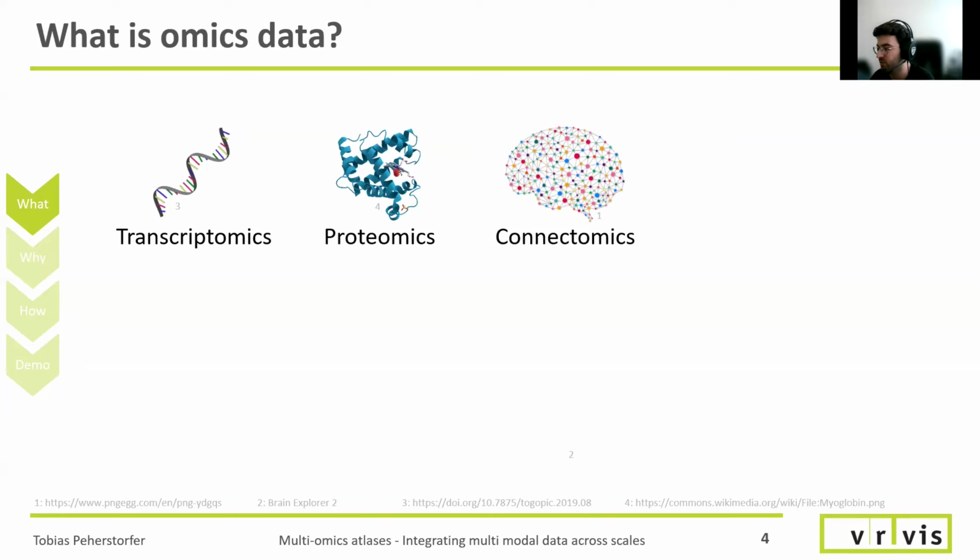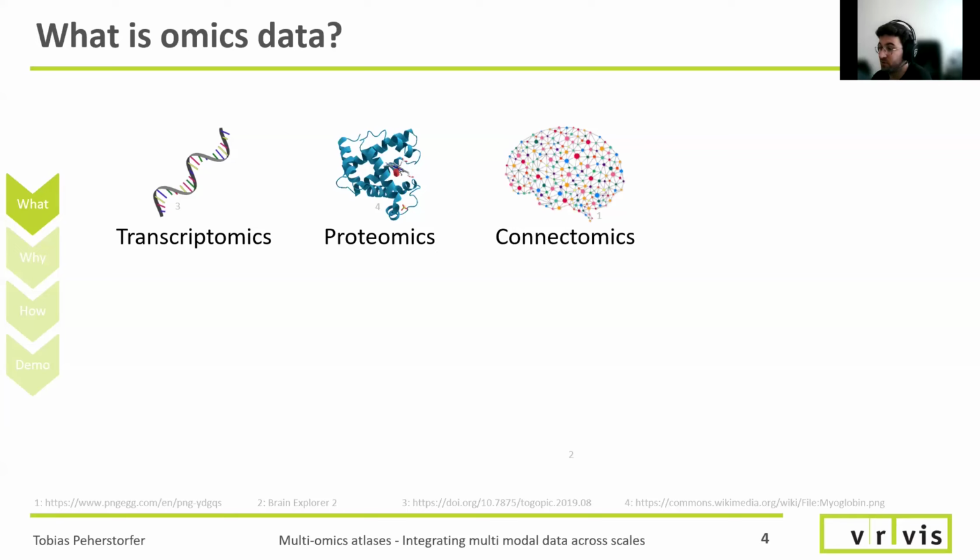In connectomics, we concern ourselves with either structural connections, these could be neurons, could be on a larger scale axon tracts and nerve bundles, but they could also be functional connectivity like you would obtain from resting state fMRI.